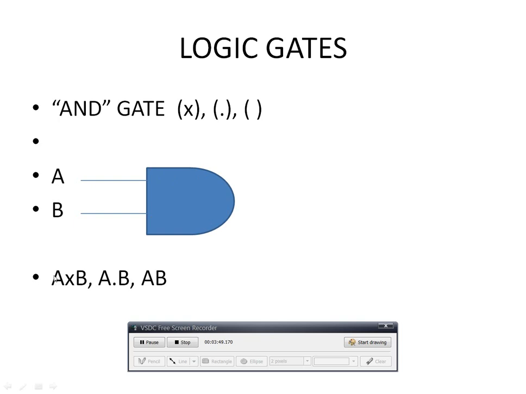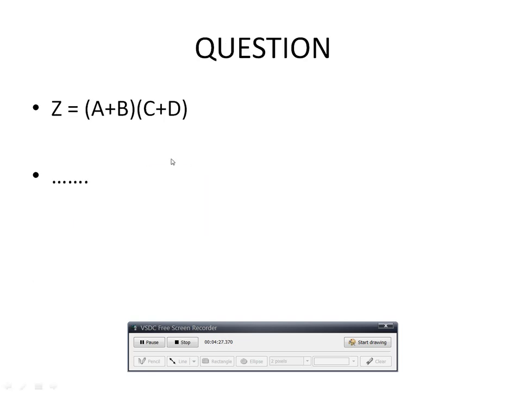So this diagram means A and B. When you want to write it out, it's written as A times B, or A dot B, still the same thing. The dot represents multiplication. Or AB. There's nothing in between, but there's an invisible multiplication symbol there. So any of these three is a way of joining two things with the AND sign.